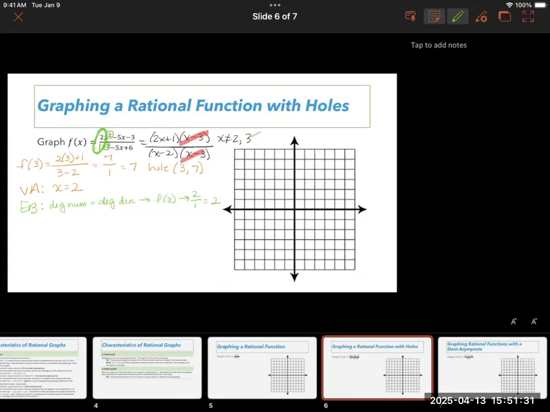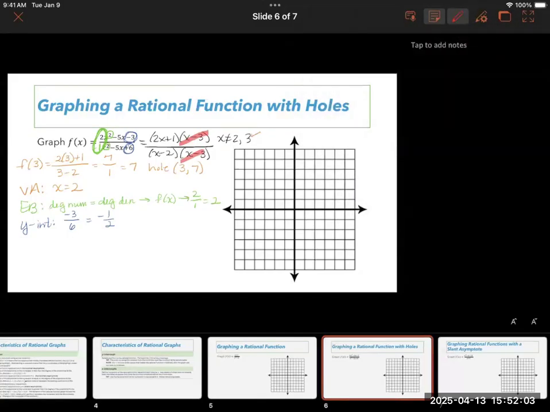So again, we're going to have a horizontal asymptote at y equals 2. Then we'll take a look at our y-intercept. For the y-intercept, I'm just going to take this -3 over this +6, ratio of the constants. So I get a -1/2.